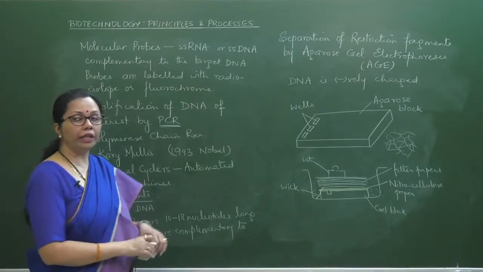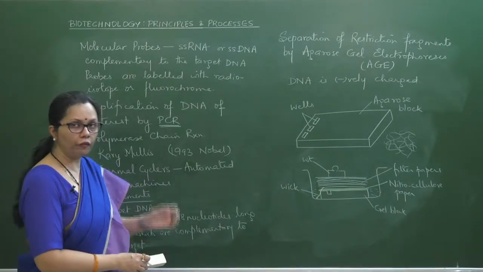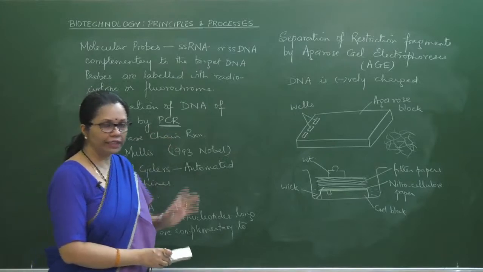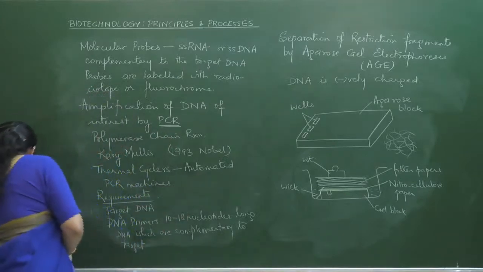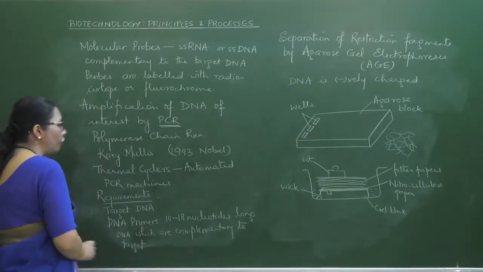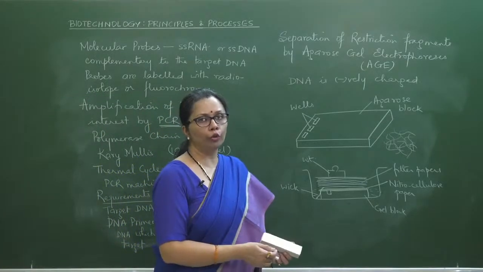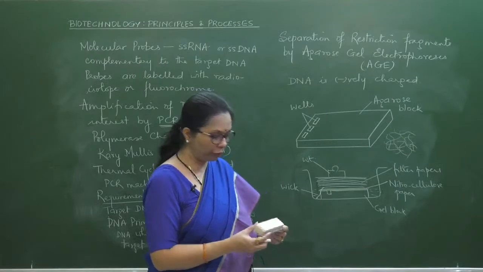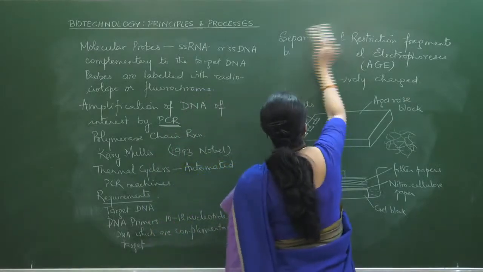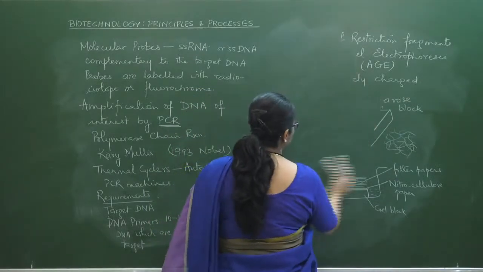So whatever target DNA we want to make copies of, the ends we'll have to first sequence. That is one prerequisite, you can say. The end of the DNA has to be sequenced, and only then the oligonucleotides, these primers, can be prepared.